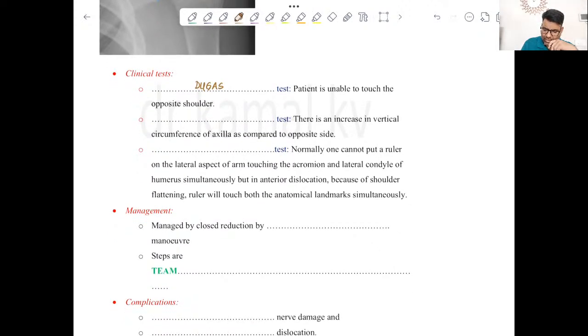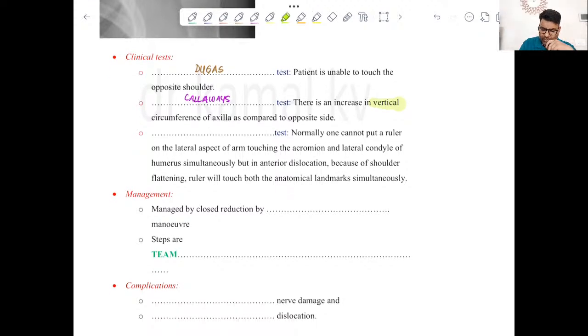Then another one is the Callaway's test, where the presence of the head of humerus within the axilla increases the vertical girth or the vertical circumference of the axilla. So this is the Callaway's test.